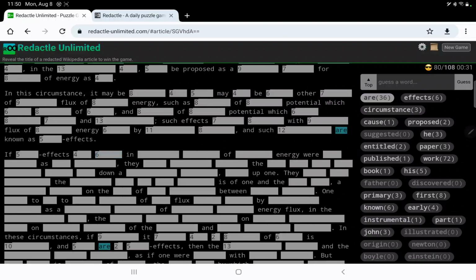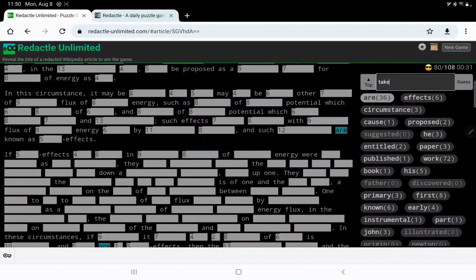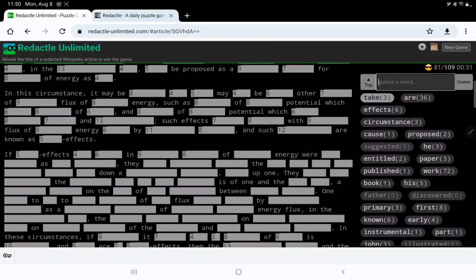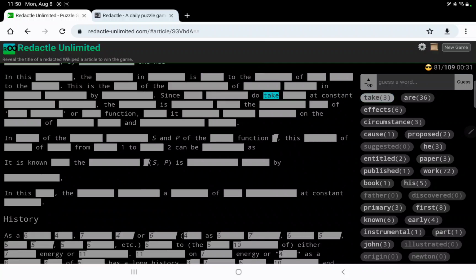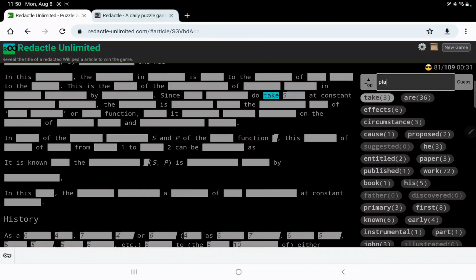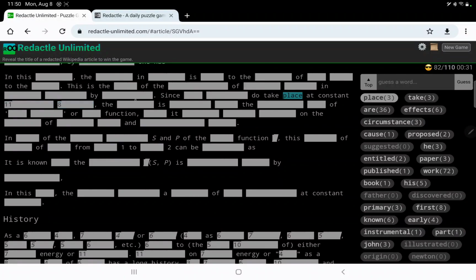If these effects take, no, we do have three takes, to take place at constant 11/8, since 4/9.